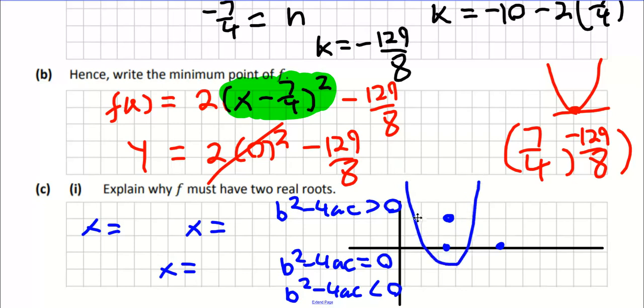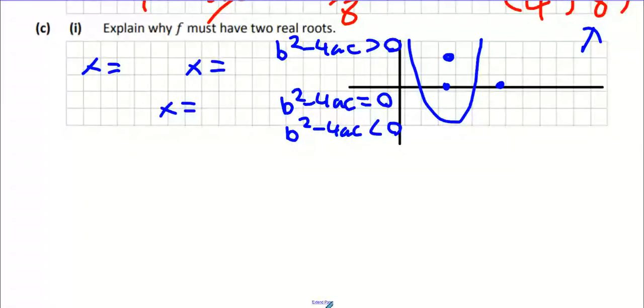And the minimum point is below the x-axis when it hits it twice. And is this point below the x-axis? And that's your answer. Because the y value is negative, this means the minimum point is below the x-axis, therefore it must hit it twice. There you go. You could also use b squared minus 4ac bigger than 0.